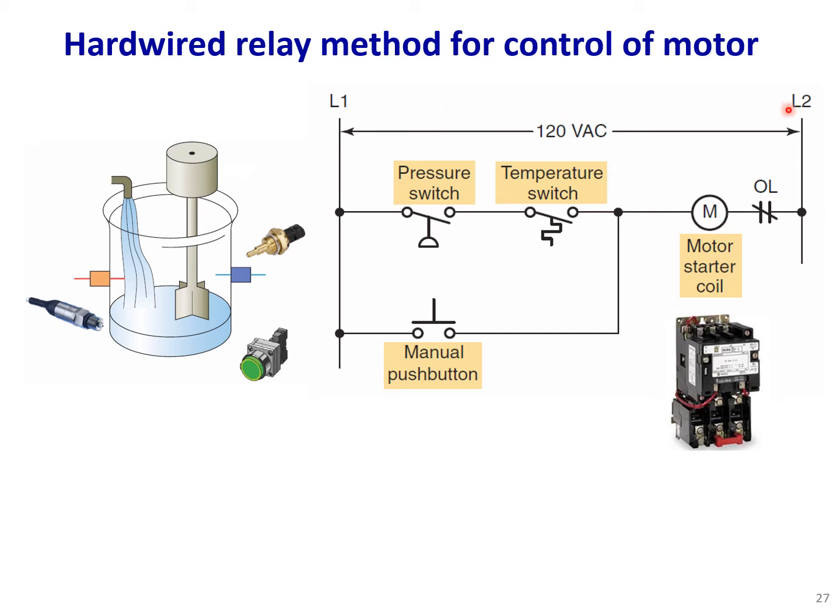What is the voltage on this circuit? 120 volt AC. Okay. This one is the overload contact relay. It means that if the motor is overloaded, then it will basically disconnect the circuit and the motor will stop.